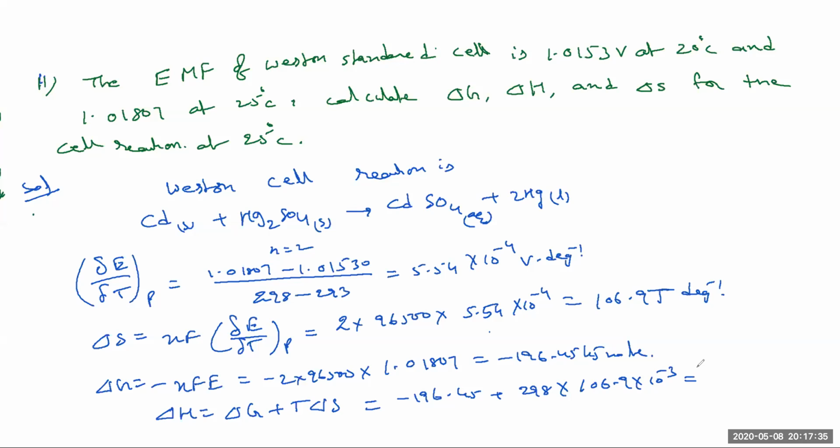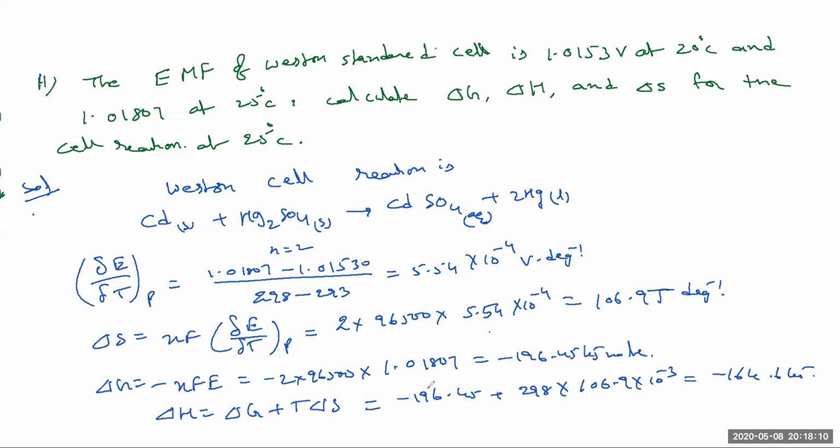By calculating we'll get minus 164 kilojoules. So this is the ΔH. These are the calculations of ΔH and ΔS and all values.